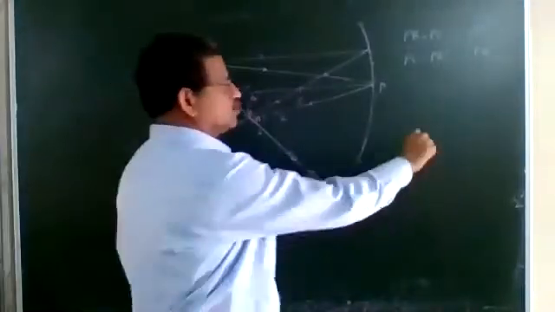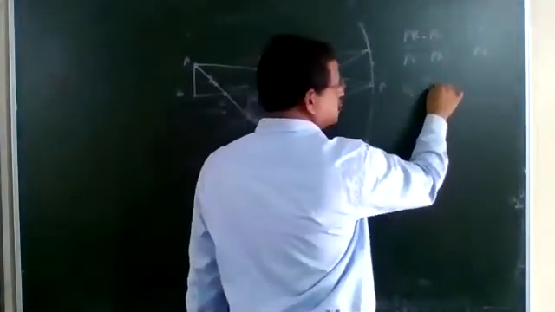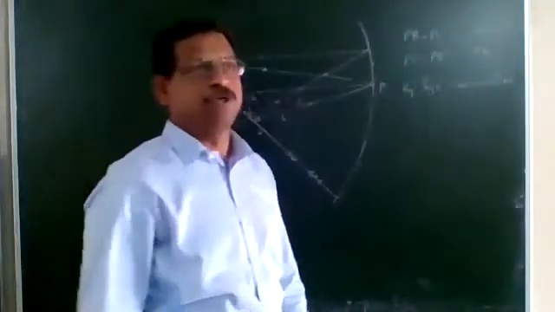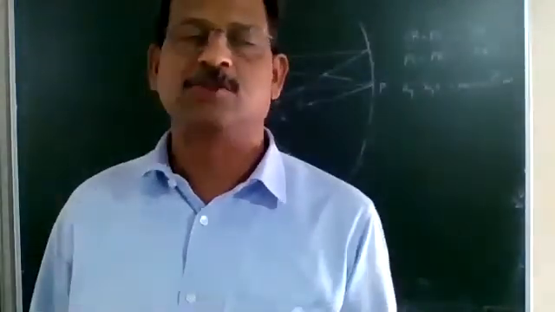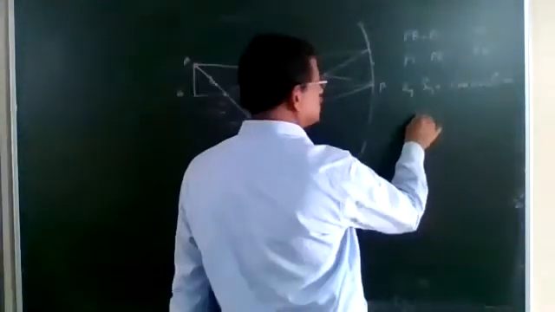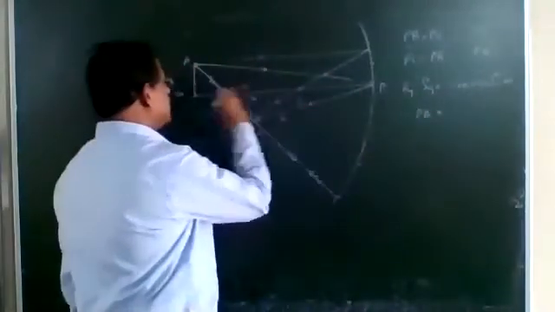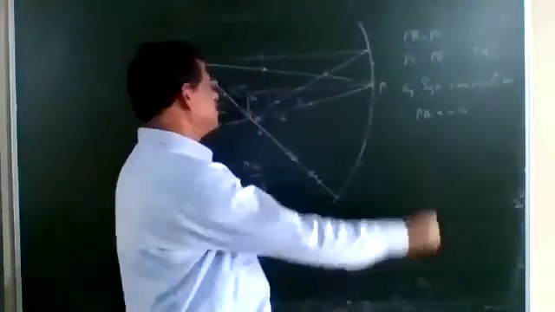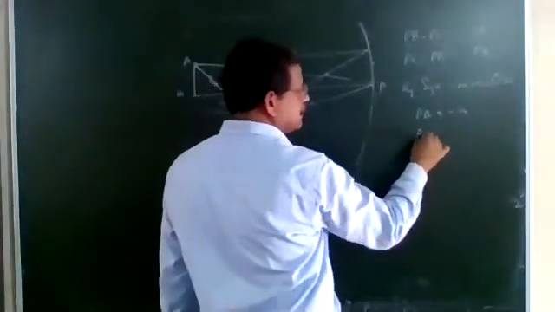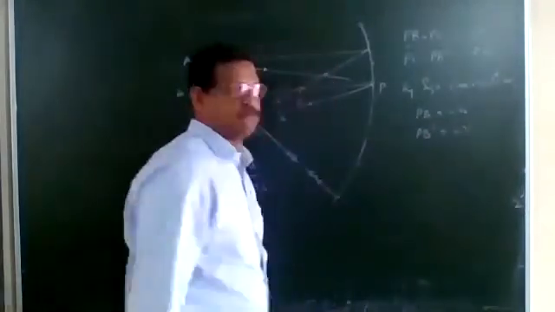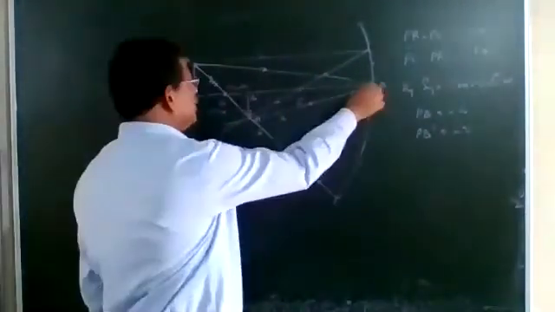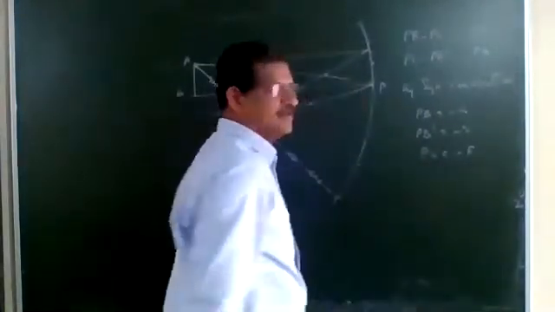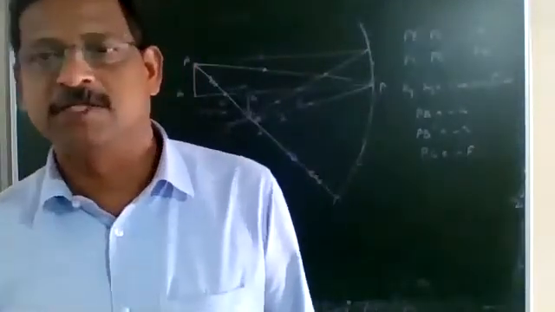Next, we use the sign convention. All distances are measured from the pole. Distance to our left side is negative, to our right side is positive. So first is PB, the distance of the object, that is always negative, minus u. Next is the distance of the image, PB', that is also to our left side, minus v. Another is the P to C distance, PC, that is minus R towards the left side.